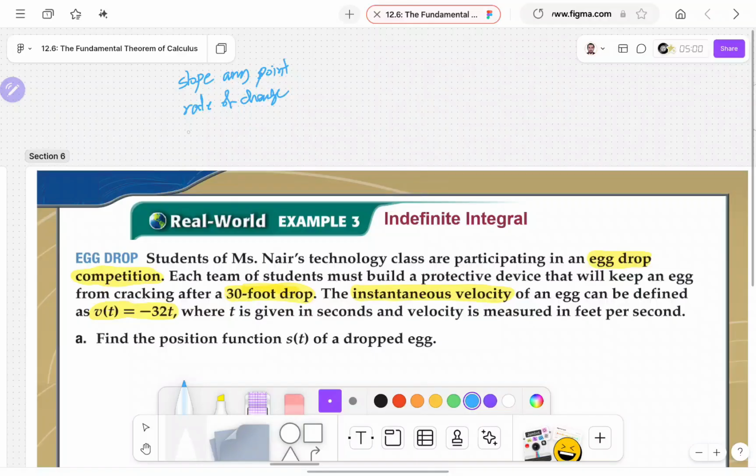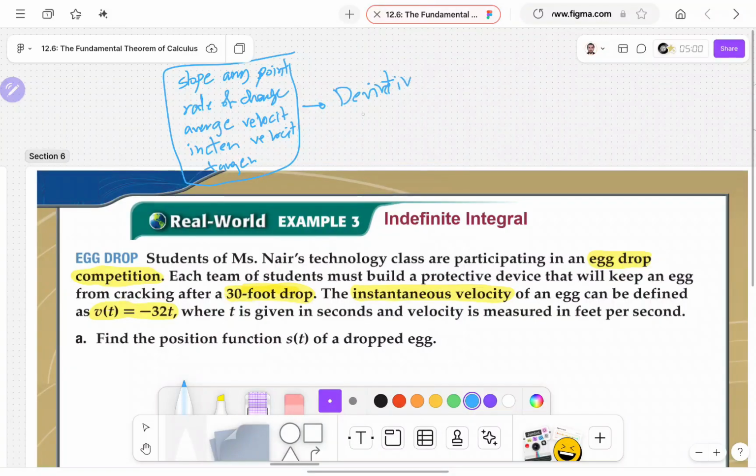Or the question asks you the average velocity. Do you remember the average velocity? Okay. Or the instantaneous velocity. Instantaneous velocity. Or let's call it also the tangent line. Okay. So all of these phrases have the same meaning, which is equal to the derivative.